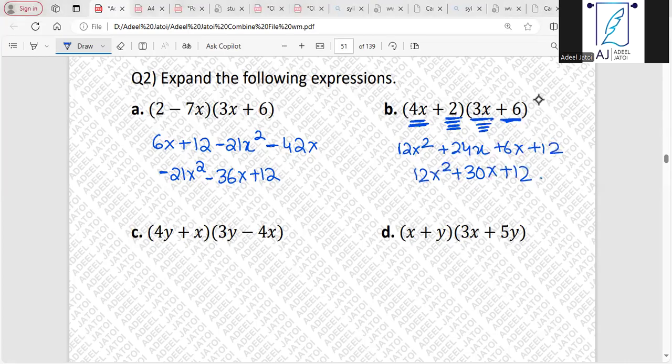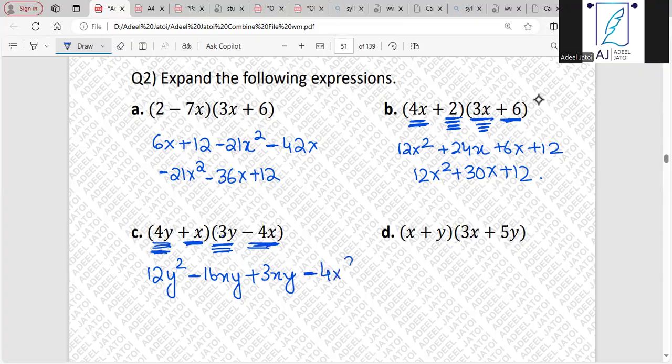Then part C, 4y and 3y. So 4 3 is 12 and y into y is y squared. 4y into minus 4x. So this is going to be minus 16xy. X and 3y become plus 3xy, and x and minus 4x become negative 4x square.